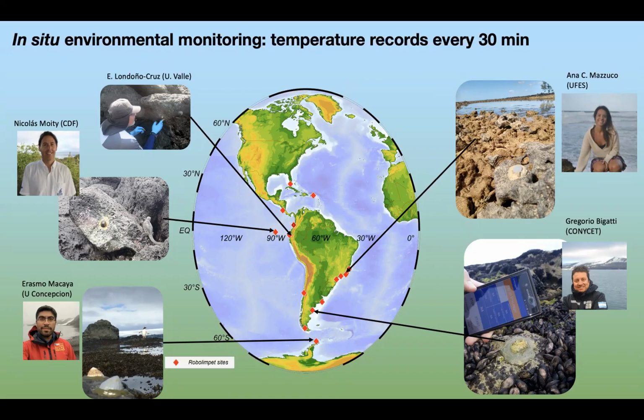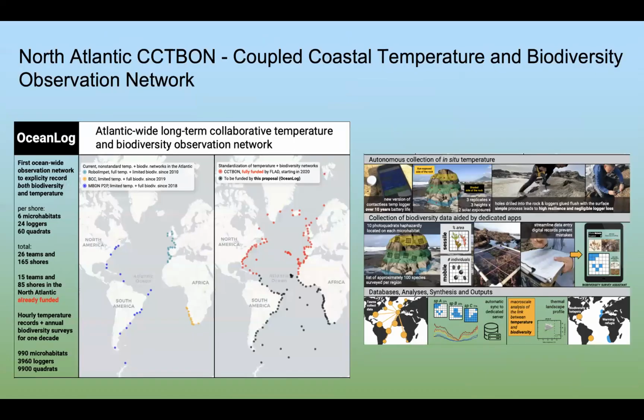As a result of this collaboration, the Pol2Pol is now contributing to the Atlantic-wide long-term temperature and biodiversity observation network funded by the FLAD, which is the Portuguese American Foundation for Development, that intends to expand observational capacity for thermal habitat and biodiversity throughout the Atlantic Basin, and understand really what the effects of climate change are on coastal communities in the region.